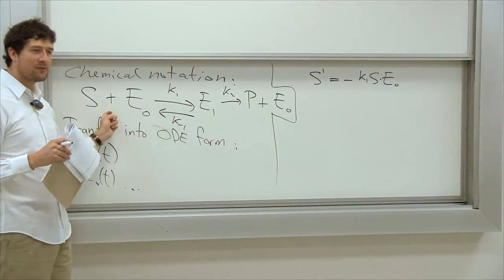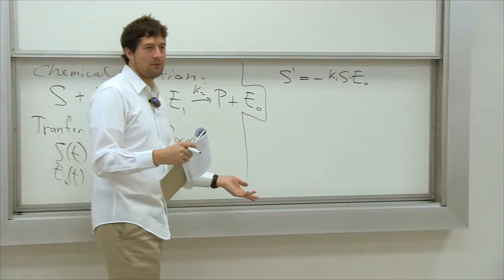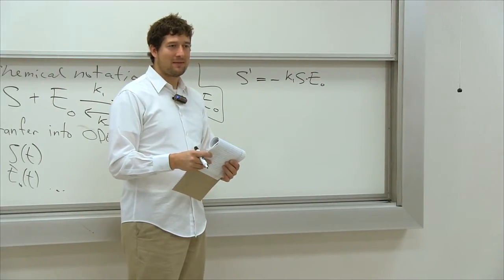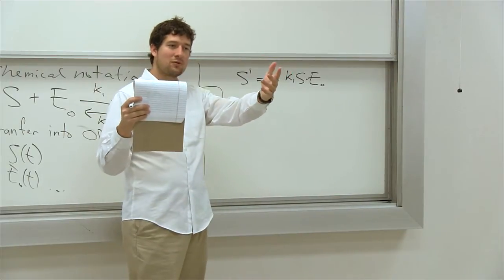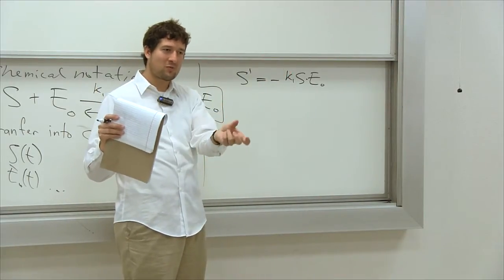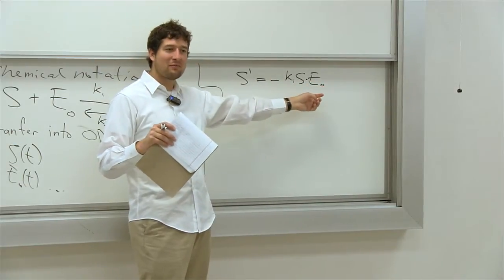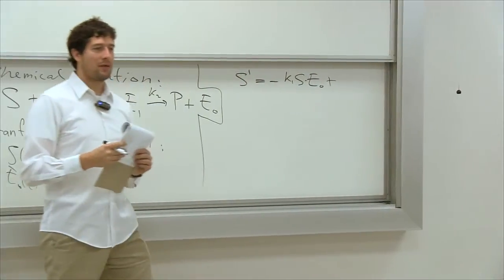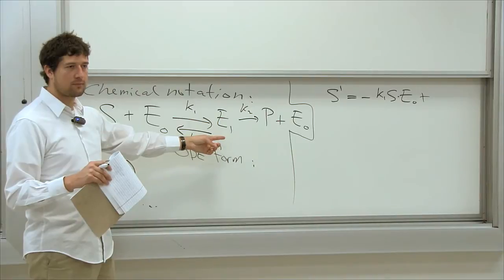When the reaction happens, S gets produced, so there's more S. You see, when the reaction happens, S grows, so it contributes to the growth of S. So the rate of change of S is positive because of that reaction, right? So plus. Plus what? E1. Okay.